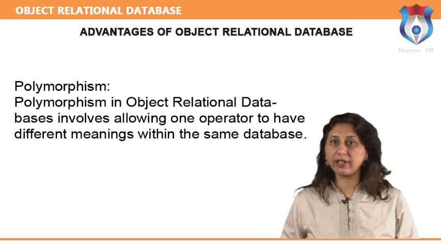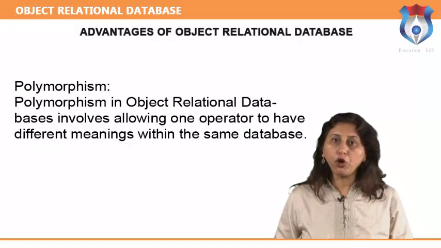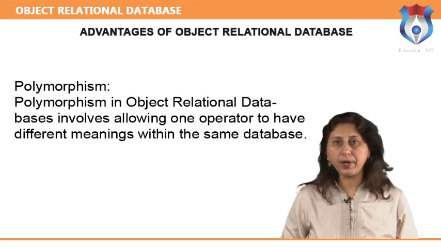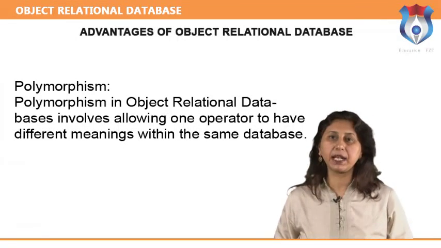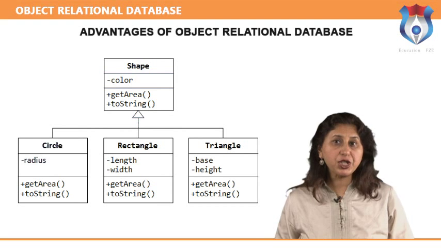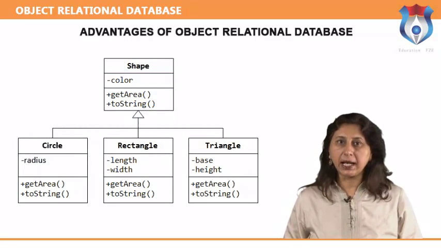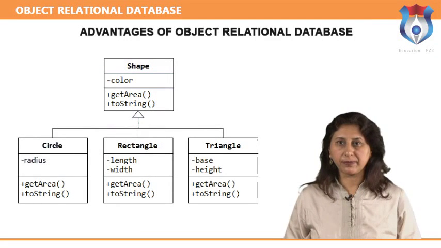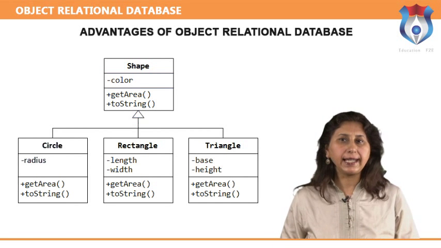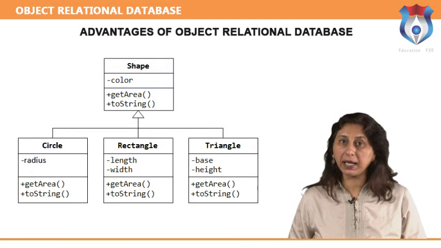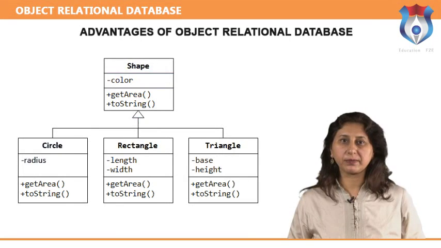Polymorphism in object relational databases involves allowing one operator to have different meanings within the same database. You can connect your tables within your database by building relationships. This includes records that may all contain the same name but different information.